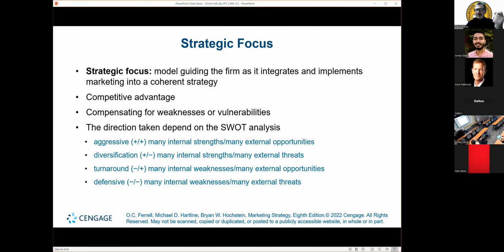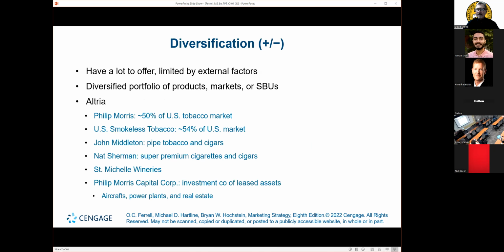The next is many strengths, but many external threats. This is where you diversify. You have a lot to offer, but you're limited by external factors. You want to have a diversified portfolio. You have many strategic business units because guess what?